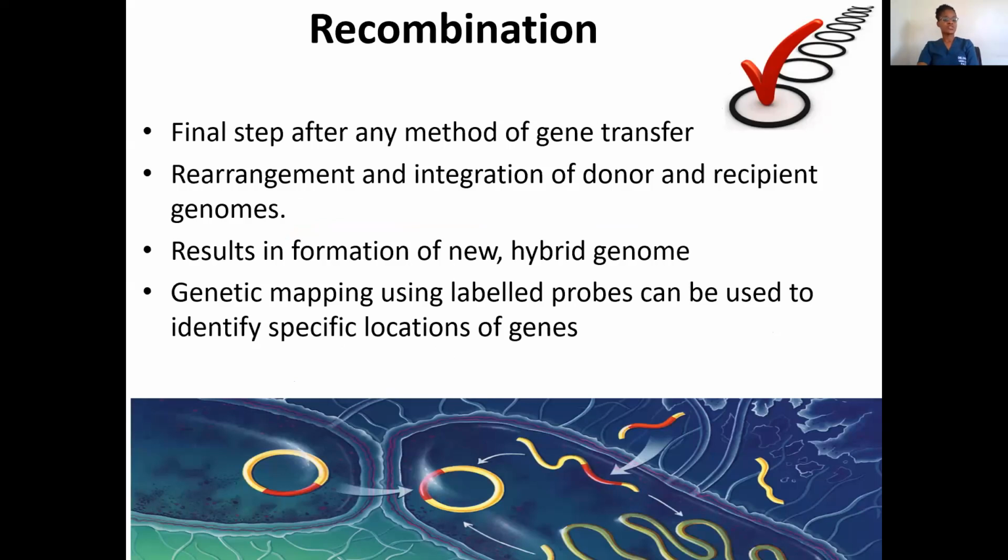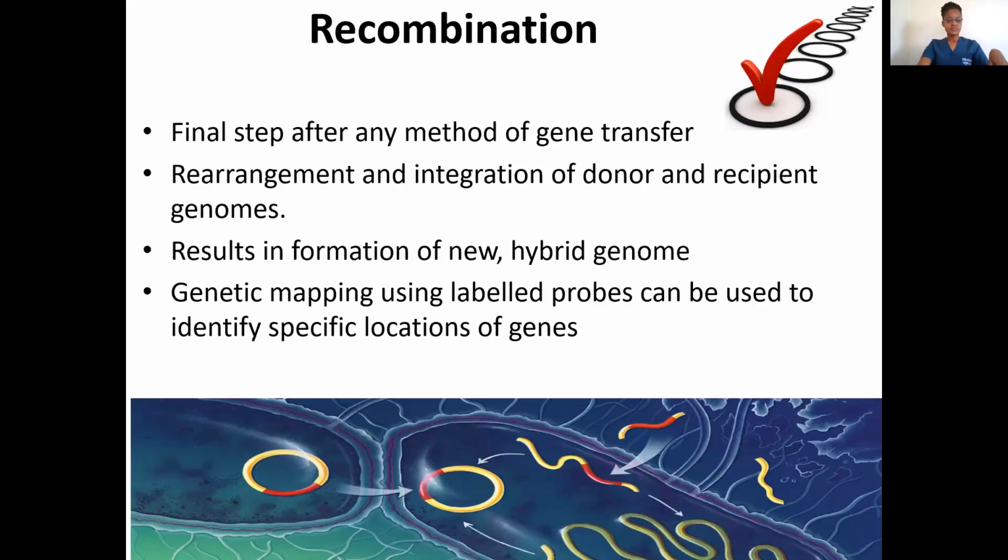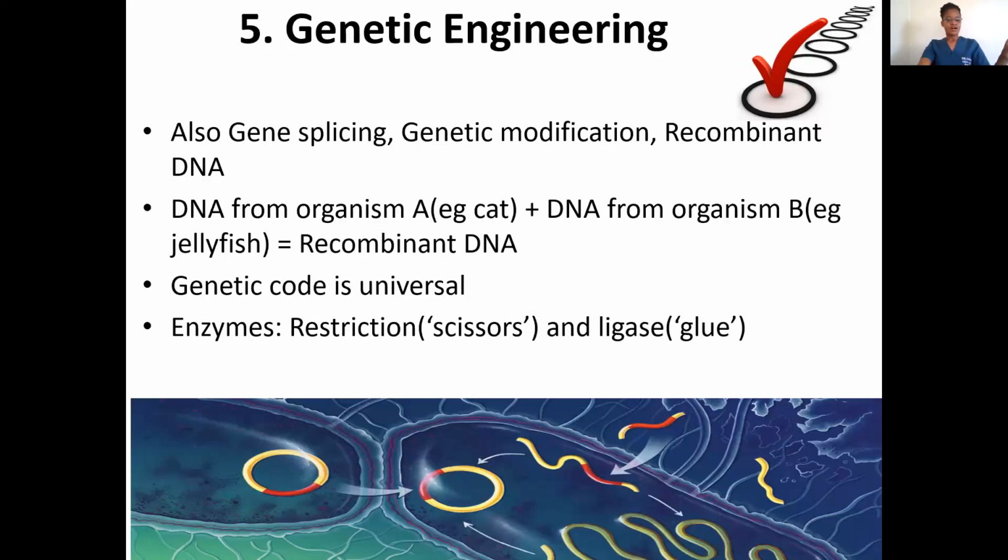So if you want to detect the specific location where the recombination has successfully happened, then we'll use the genetic mapping methods that use labeled probes.